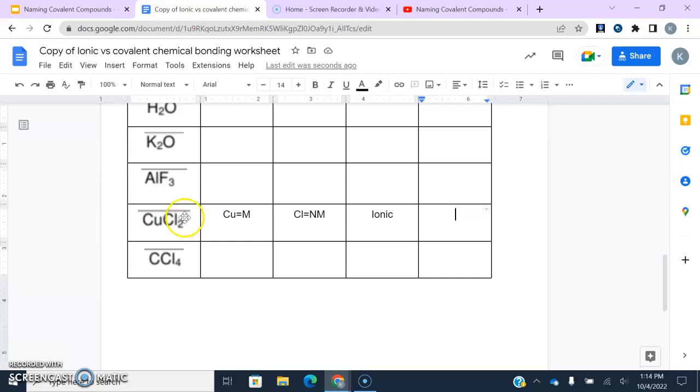And of course, we know that in this formula, if we were to backtrack, this little imaginary subscript here for the 1 is where that comes from, right? Because we know that chlorine is -1, and we have copper. And when we do our swap, drop, and chop, that's where the subscript comes from, right?